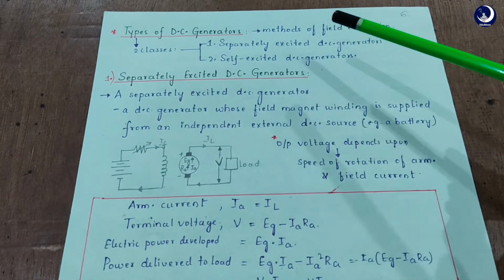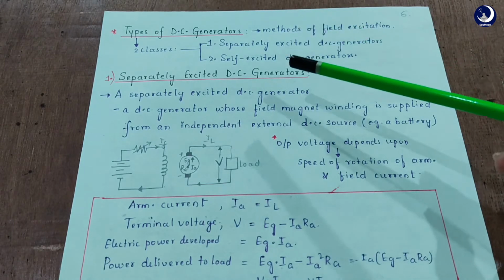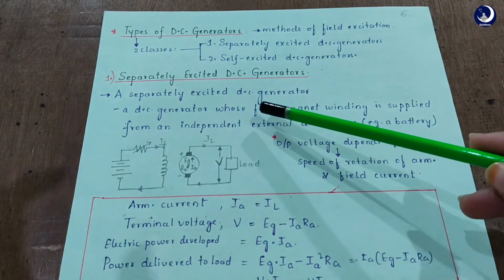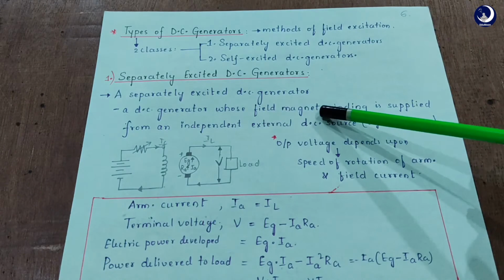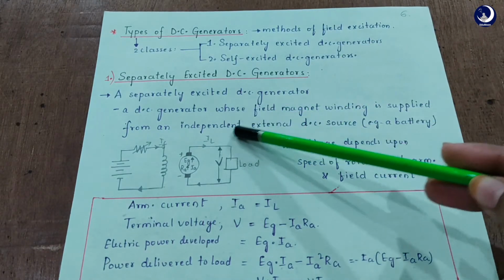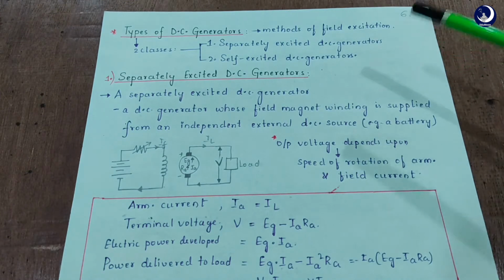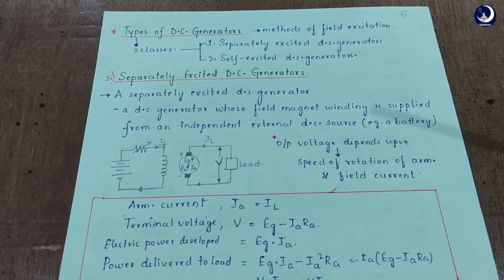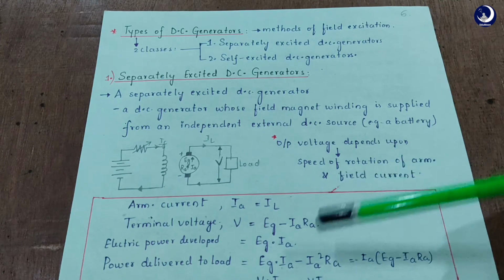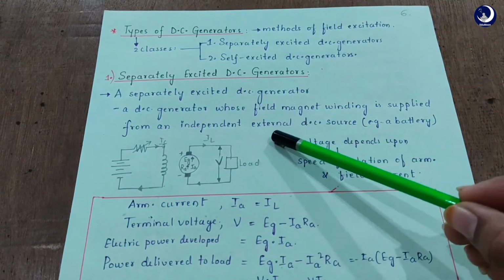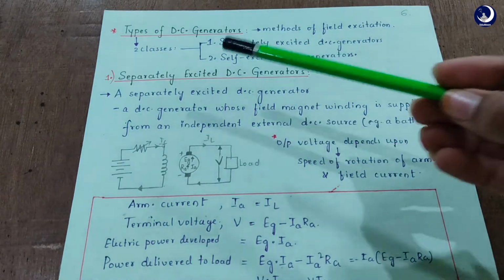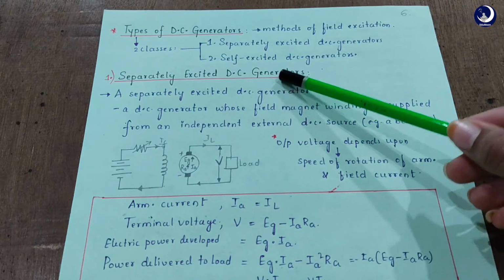Separately excited DC generator. It is a DC generator whose field magnet winding is supplied from an independent external DC source, that is, a battery. So the field magnet winding is supplied from an independent external DC source, and so it is a separately excited DC generator.